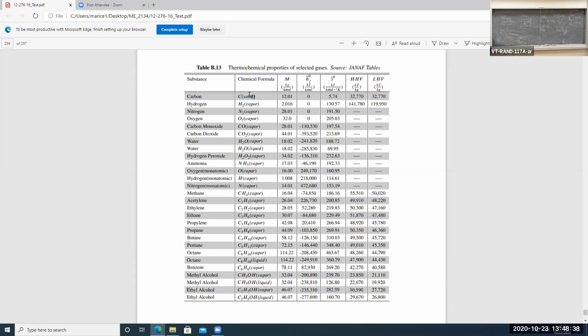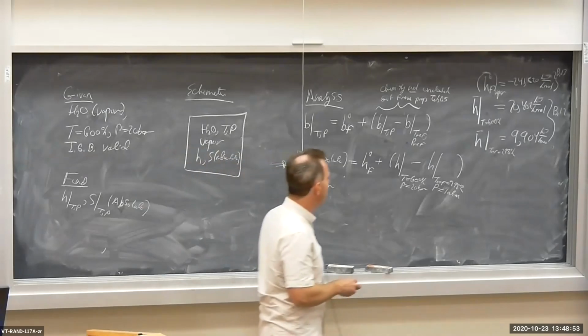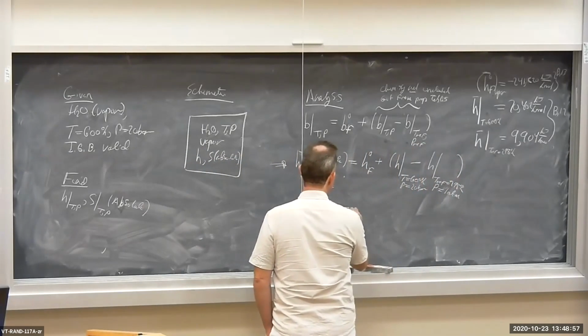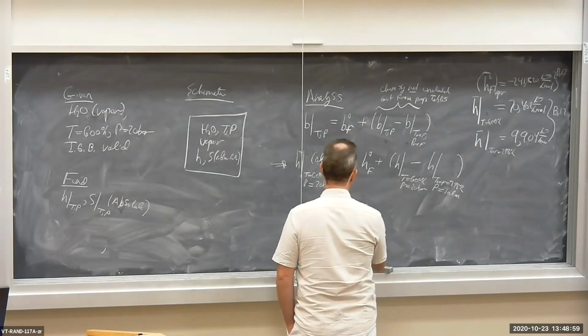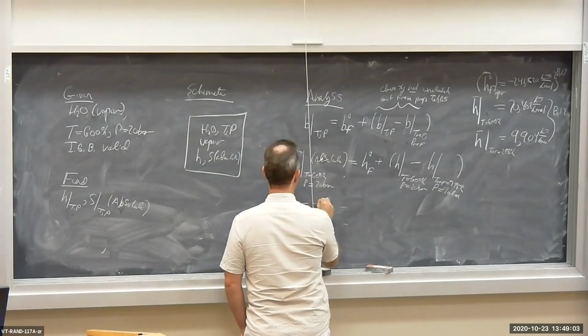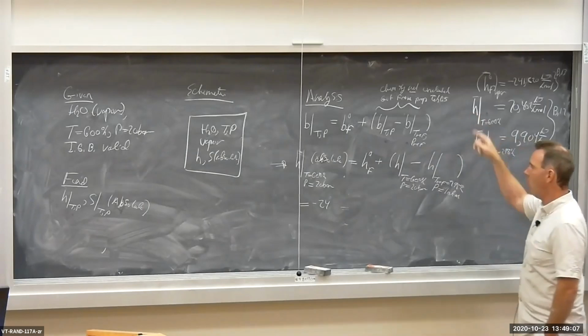Also, I have carbon here. Here's the enthalpy of formation for carbon. That's for solid carbon. So you've got to be cognizant of the state of the material you're trying to calculate the enthalpy for. Okay, so I'm ready to plug in. The enthalpy of formation is negative... oh, these are all barred quantities.